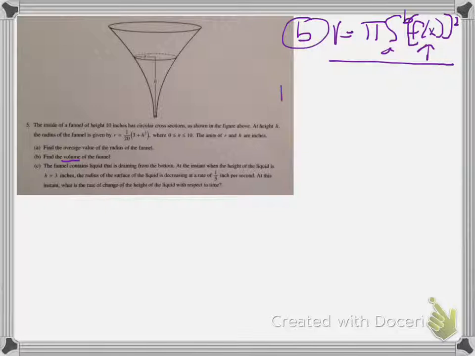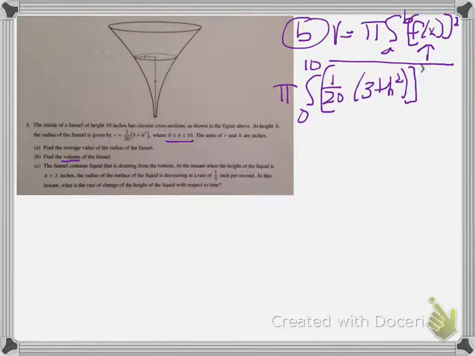So we have the pi, our integral from a to b, so that's from 0 to 10 again. Right here, it's 0 to 10. And then r is this 1 over 20 times 3 plus h squared, and that's all squared, and then it's dh.